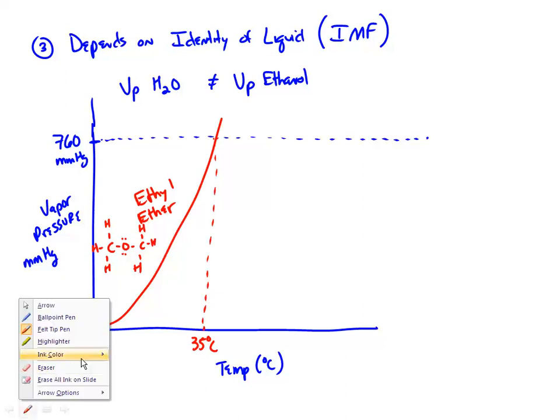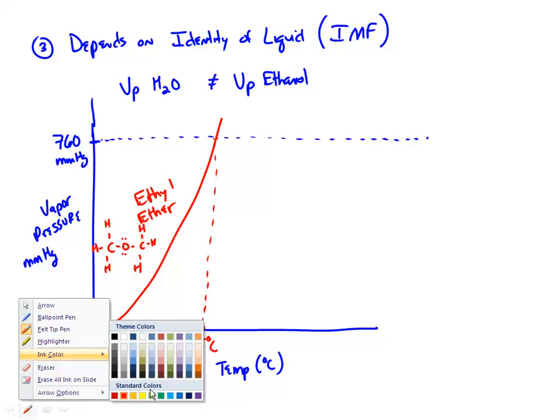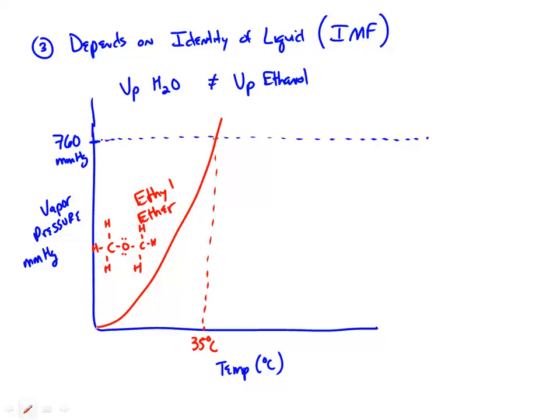And then we're going to have ethanol. Do that in green. And then we want 76 degrees Celsius. And ethanol looks like this.